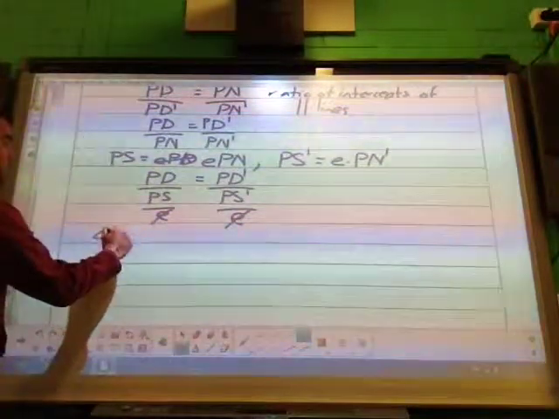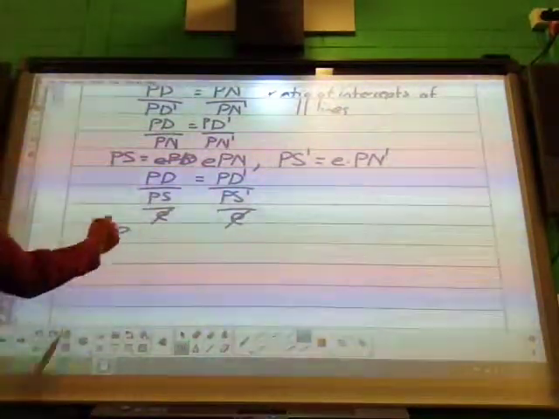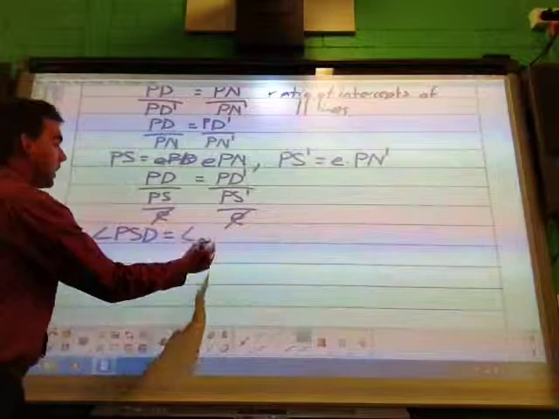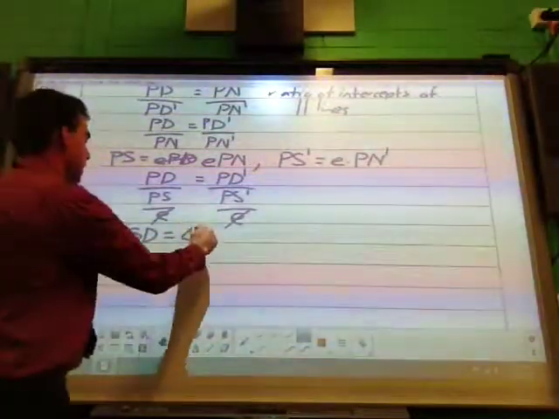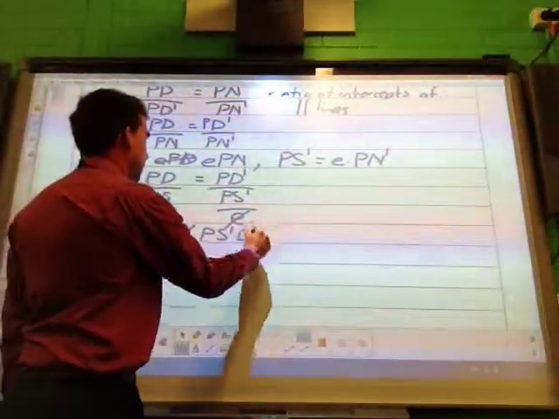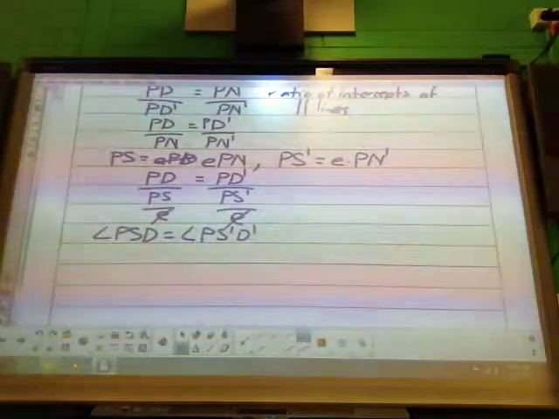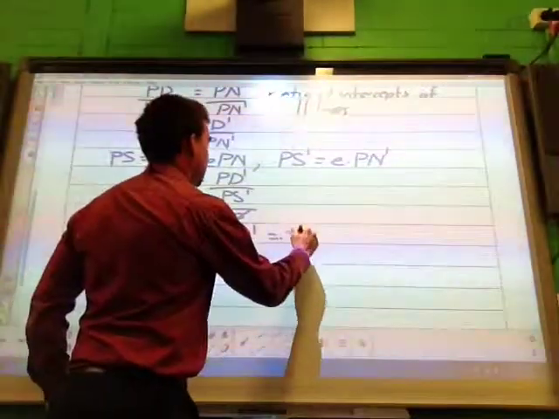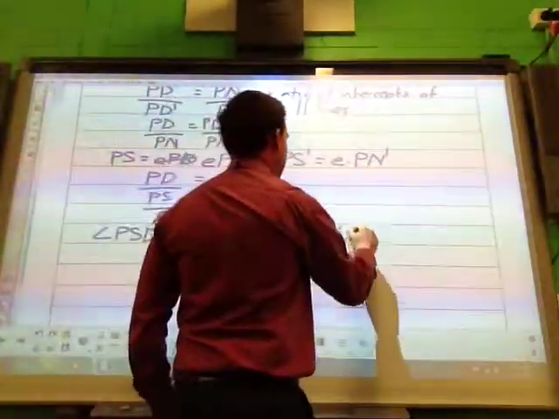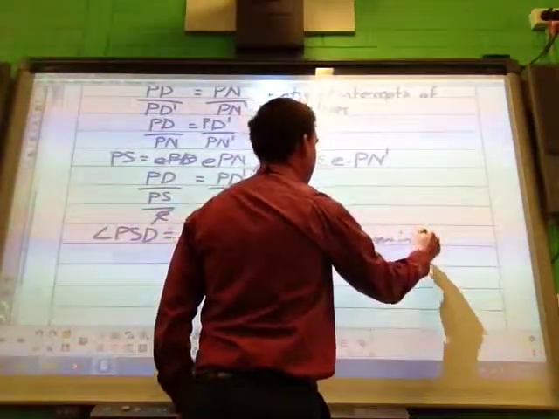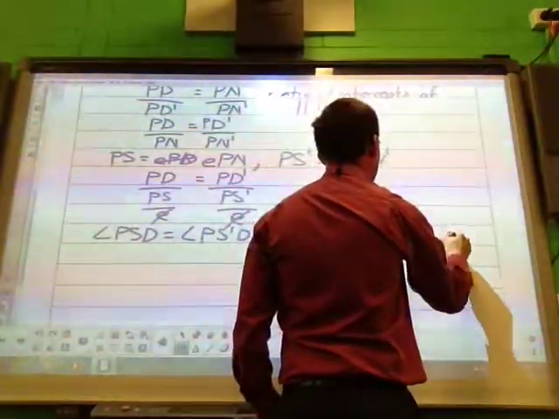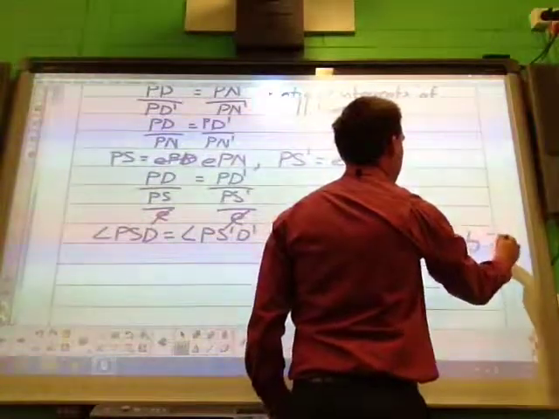Right, angle PSD is equal to angle PS prime D prime, okay, which is 90 degrees. This was proven in property 2.